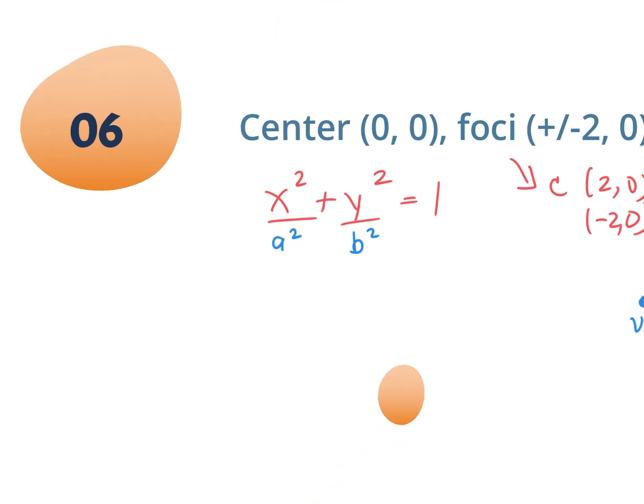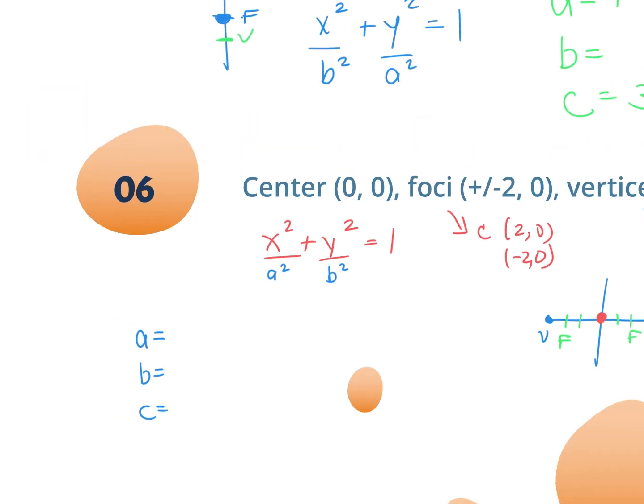All right. So I need to know what A is, what B is, and what C is. Do you need to know C? Do you need to write it down? No, but get in the habit of doing that. What are the two values we already know? A and C. Okay, what is A? Plus or minus 3. Okay, and then what's C?